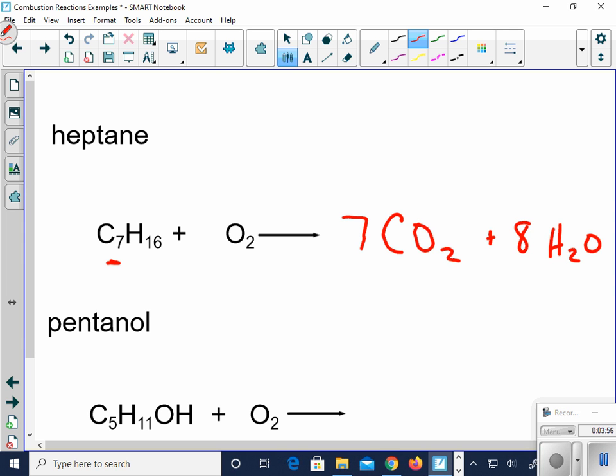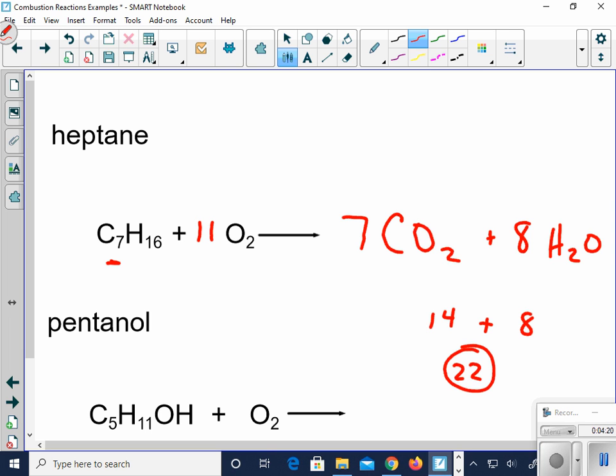Now, the only thing left is, are my oxygens even? Well, I look, here's 8. 7 and 2 is 14. So in my math, that gives me 22. Sound right? Can I make this into 22?